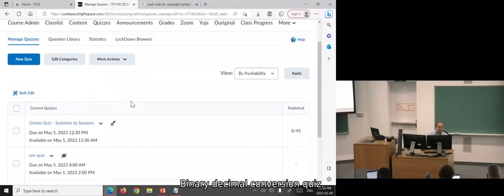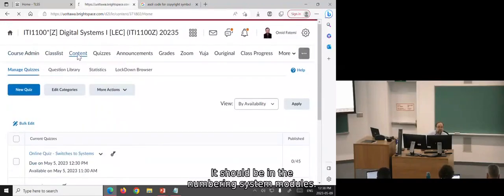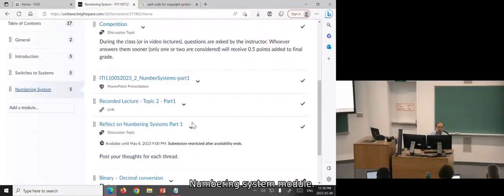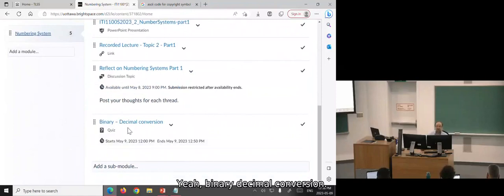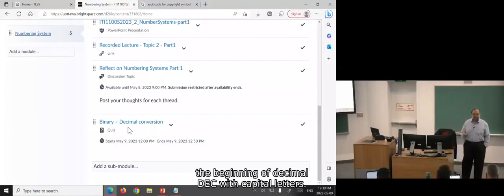It should be in the numbering system module, binary decimal conversion. It needs a password. Are you ready? The password is DEC, D-E-C, the beginning of decimal, not capital letters, just DEC.